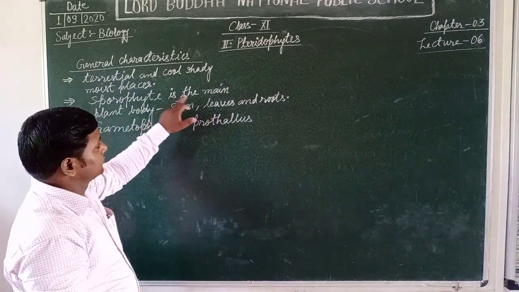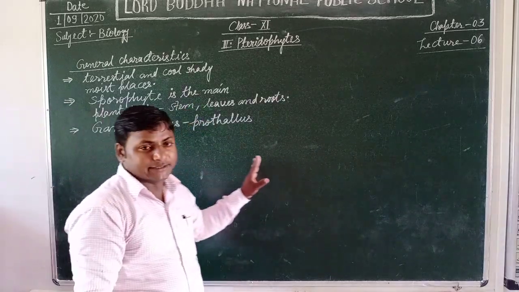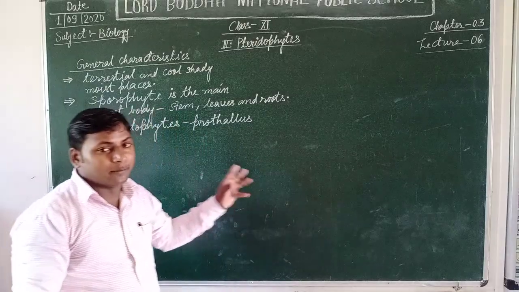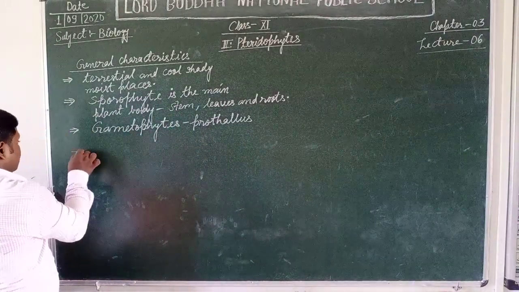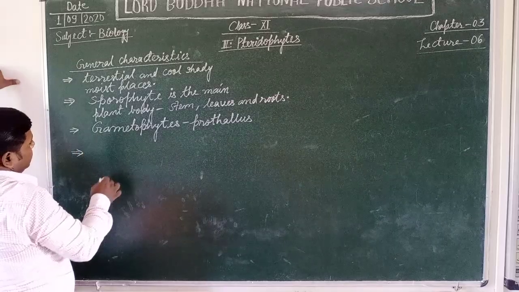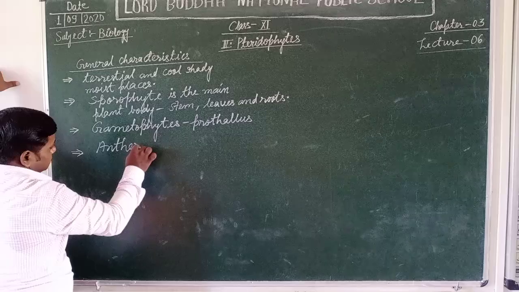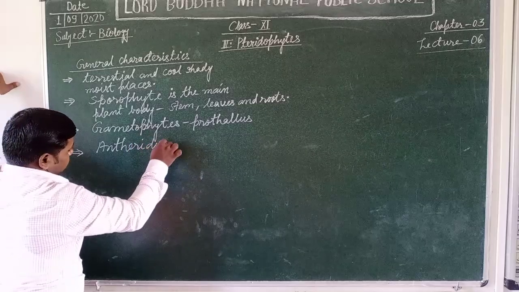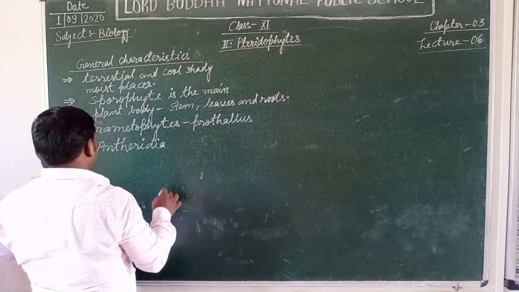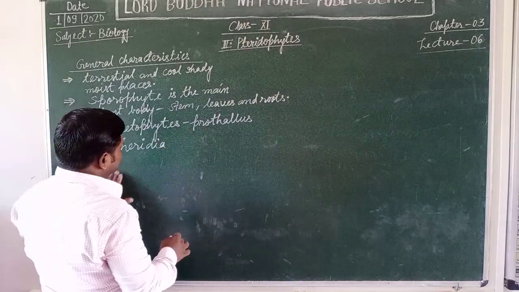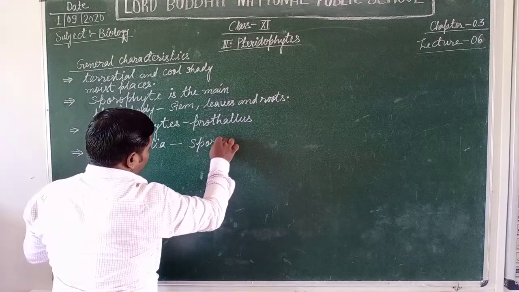The sporophyte bears the two types of gametophytes through which the gamete cells get produced. The antheridia, that is the male gamete, are produced by the sporophylls.